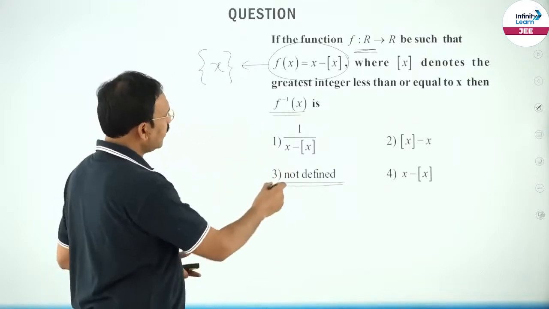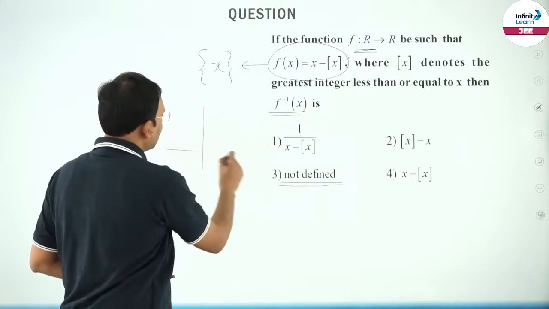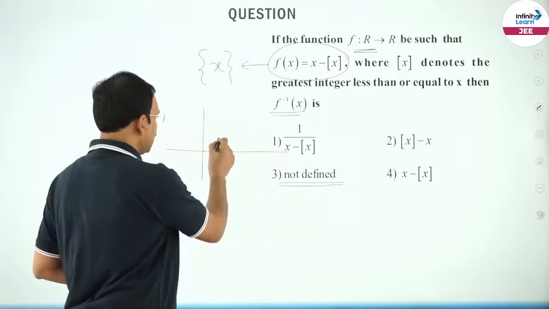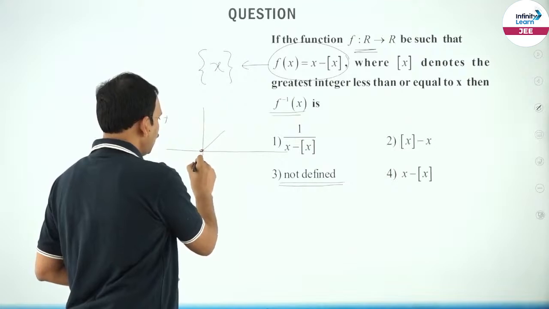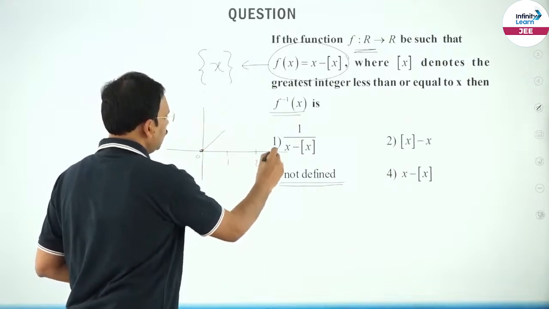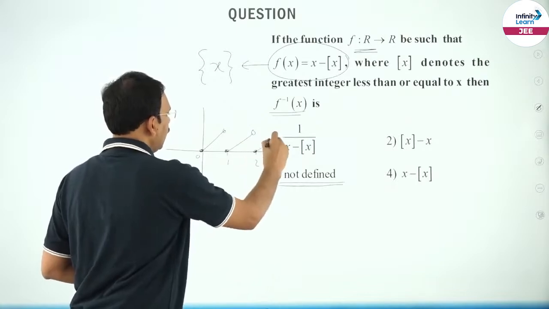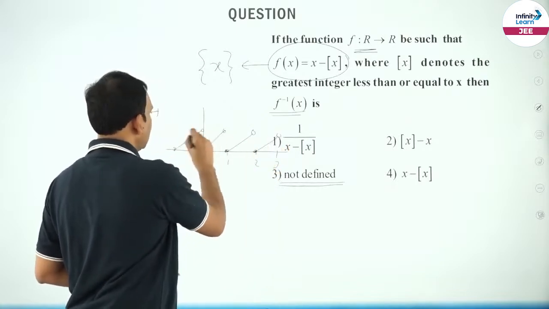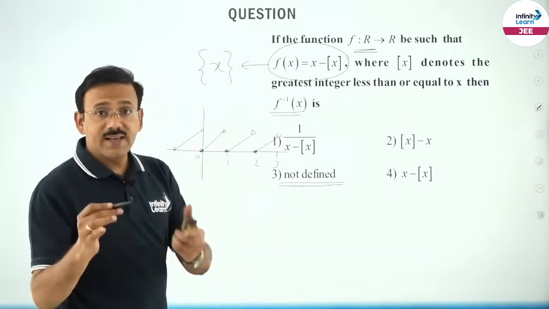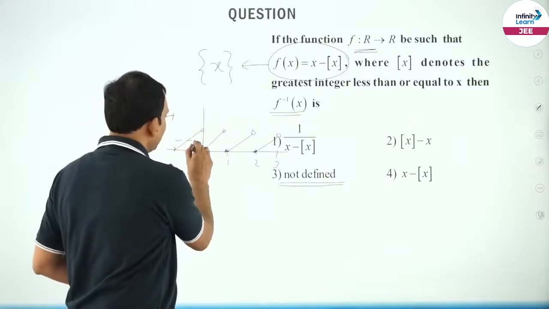So, x minus floor x, the fractional part of x graph, you know, dear students, 0 to 1, 1 to 2, the graph would be like this. I think all of you know the graph of the fractional part. Clearly, it is not a 1-1 function.